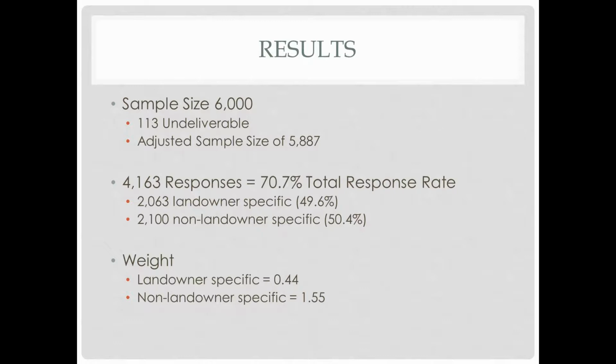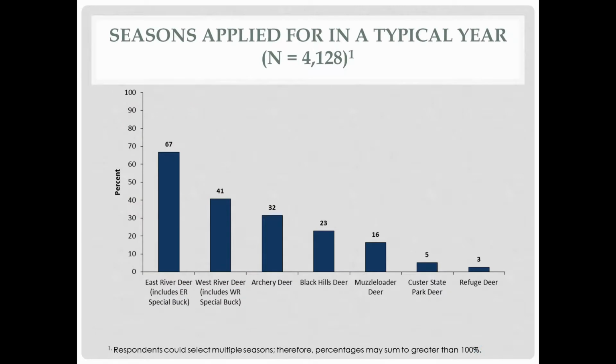So on to the good stuff here. One of the first things we asked was what seasons individuals applied for in a typical year. They could answer multiple seasons, so if you did the quick math, you'd see this adds up to about 187%, and that's because they are applying for more than one season in a typical year.